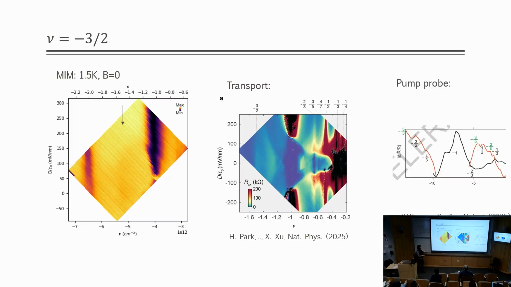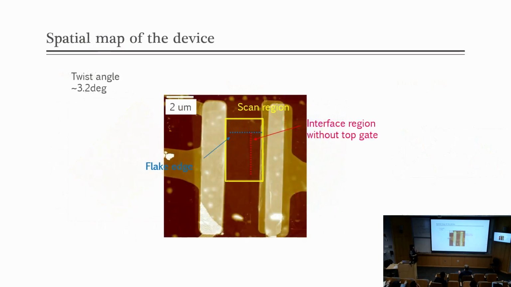And then the pump-probe measurement using optics also saw some signatures over there, which might be due to the dielectric environment change. So this is only to show that we have a good agreement with different experimental probes, and when combining them together, they gave us a full picture of what is going on at different fillings.